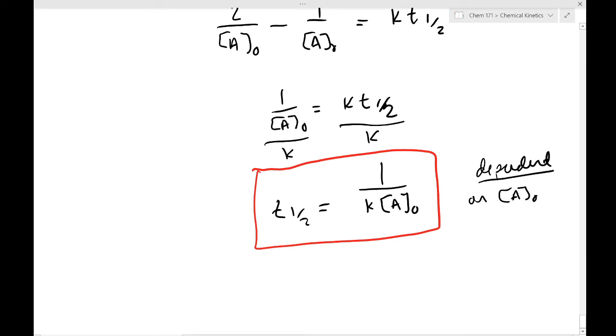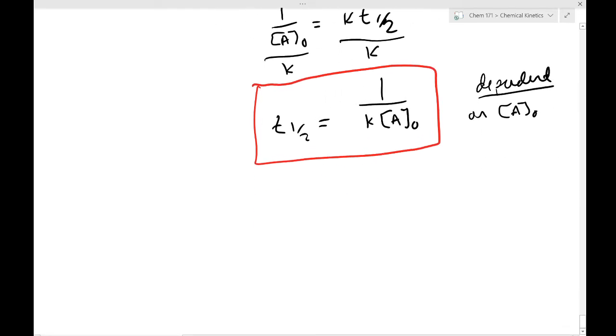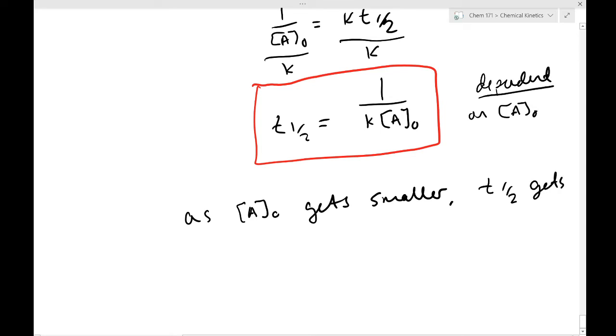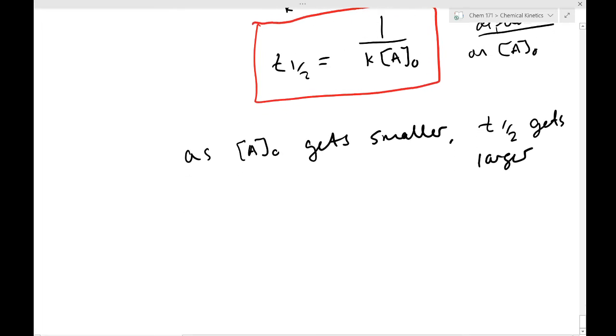Now it depends on the concentration, which means that as a naught gets smaller, the half-life gets larger. So this means that as the reaction progresses, a naught is going to get smaller and smaller, which means the half-life gets longer and longer as the concentration decreases.